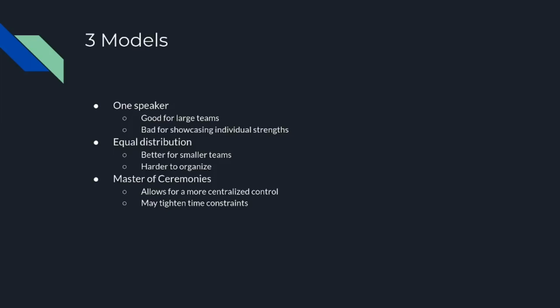Another model is an equal distribution model. This is better for smaller teams and it's a bit more common. This is where each person gives their own presentation. This is all decided beforehand. Each person decides what they will present on, and everybody presents their own theme and then passes the presentation to the next person, and you do the whole presentation like that.